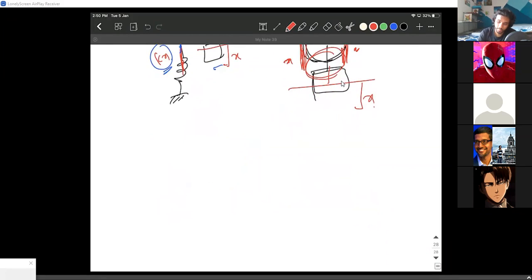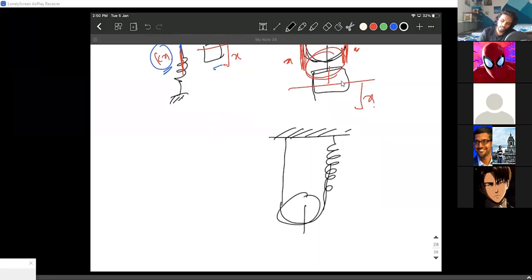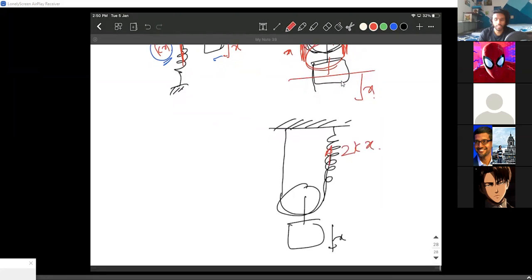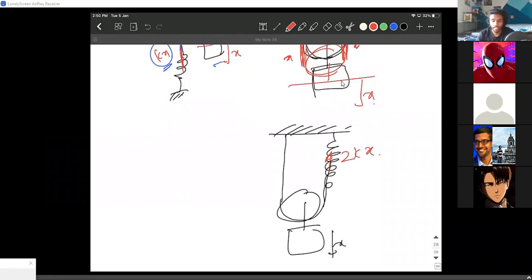Watch it. When I move the block by x, there was a 2kx tension created here. Now if this is 2kx, this is also 2kx, which means this tension will become 4kx. So 4kx is the restoring force.